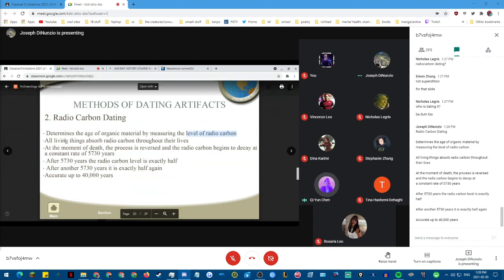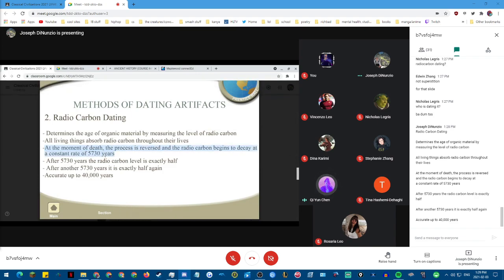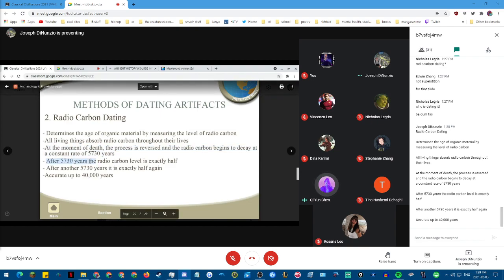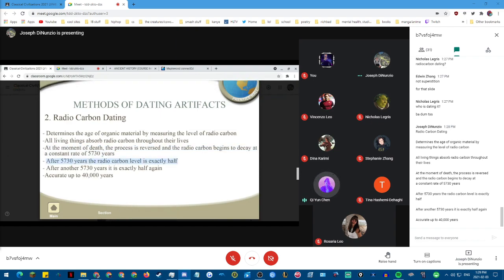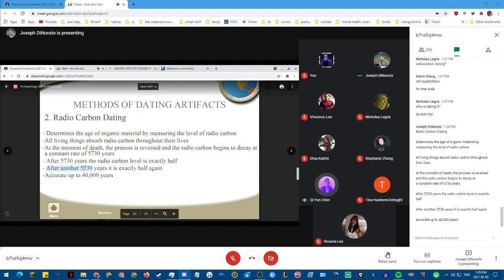All living things absorb radiocarbon throughout their lives. At the moment of death, the process is reversed, and radiocarbon begins to decay at a constant rate of 5,730 years. After 5,730 years, the radiocarbon level is exactly half. After another 5,730 years, it is exactly half again. And this is accurate for up to 40,000 years.